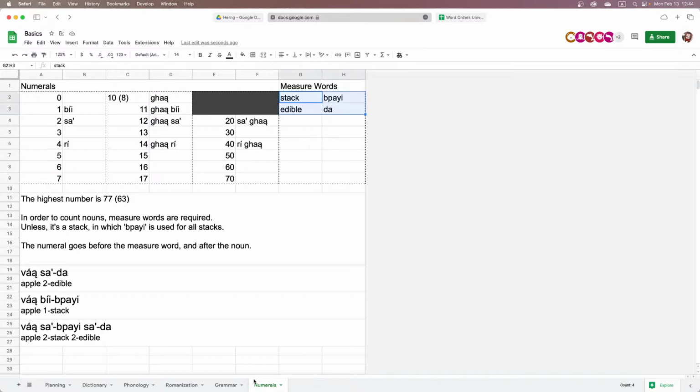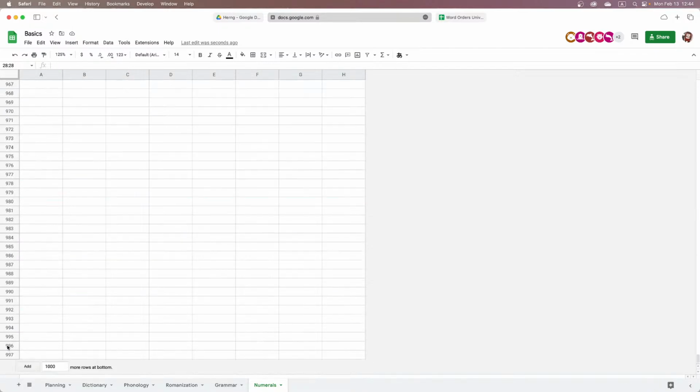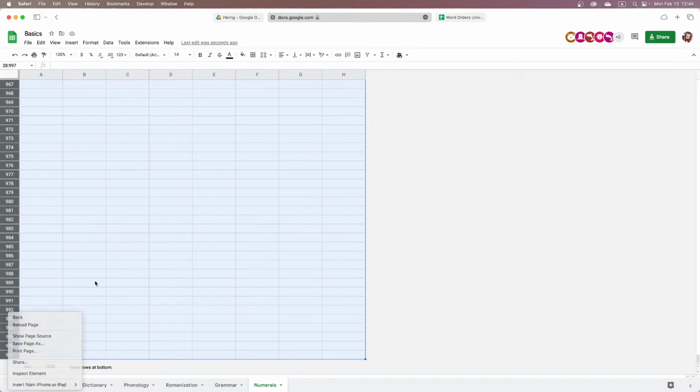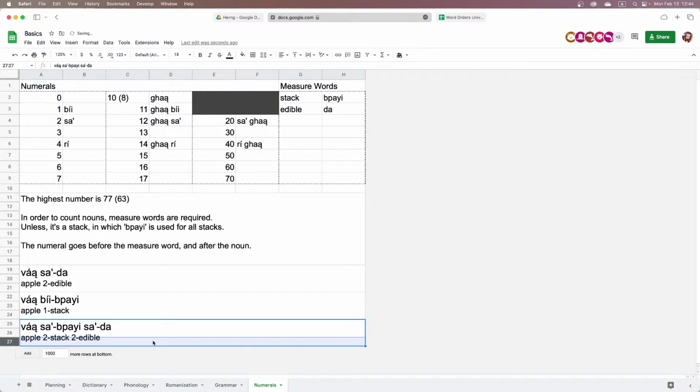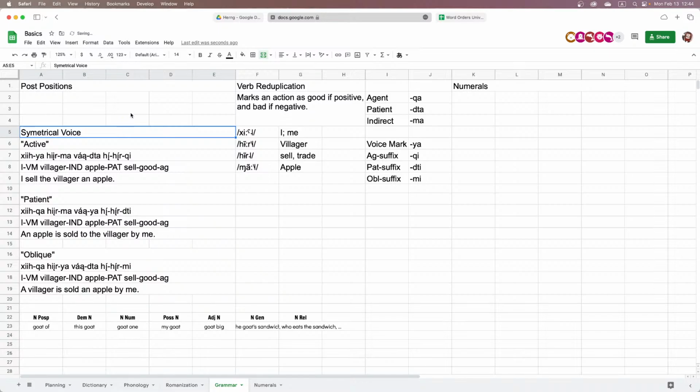So, since we're done with numerals for now, why don't we figure out... What else is there to figure out? I don't think we are planning on having inflectional morphology.